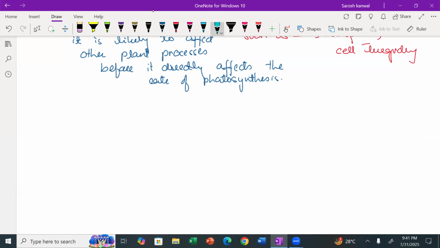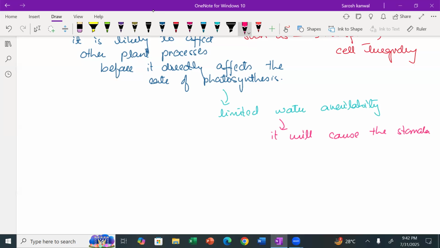Now we can see one effect of water availability: if you have limited water availability, it will cause the stomata to close.